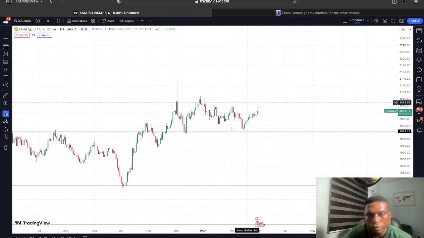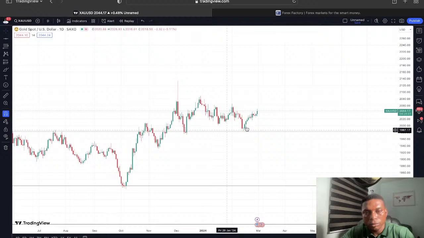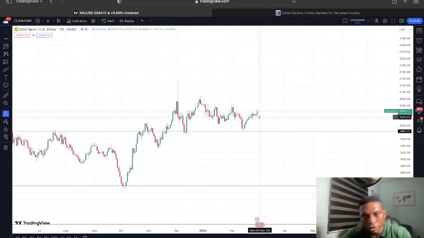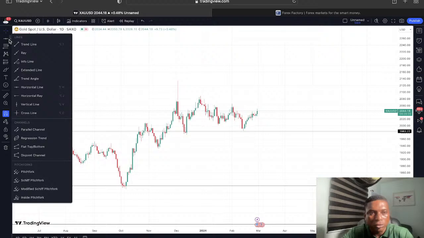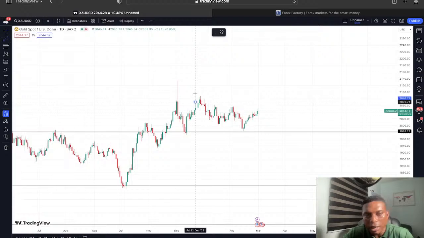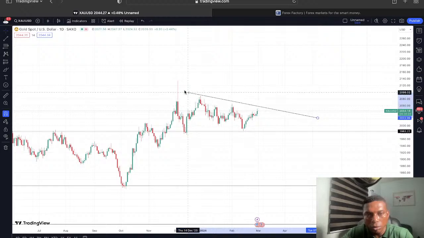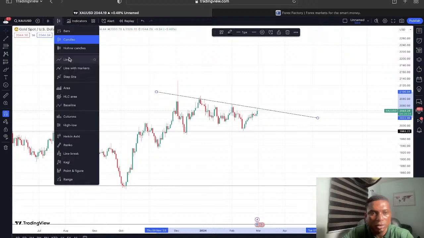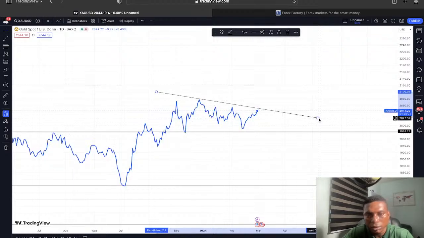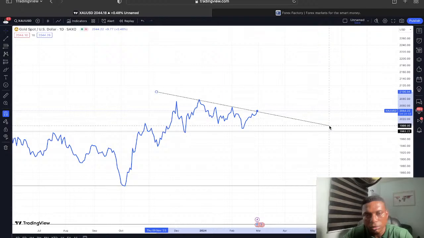Now, this is the candlesticks that have been ranging, all right? So what am I looking at on this movement? Let me change this to a line chart so I can see lines clearly. Okay, good.